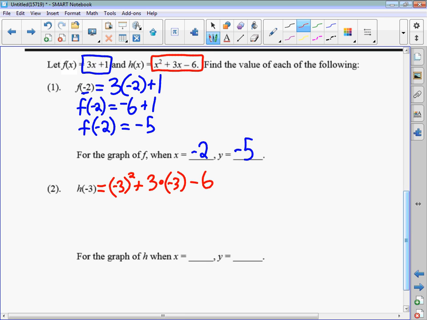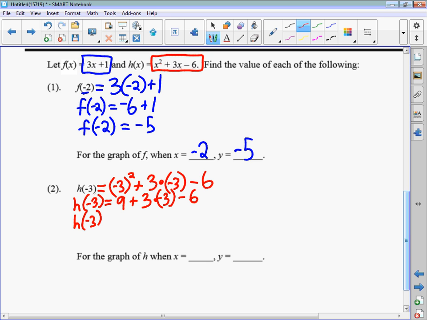Now those parentheses are important because when we put this into the calculator, I need those parentheses to end up with the correct numbers. So this says h of negative 3 equals negative 3 squared gives me a positive 9 plus 3 times negative 3 minus 6.